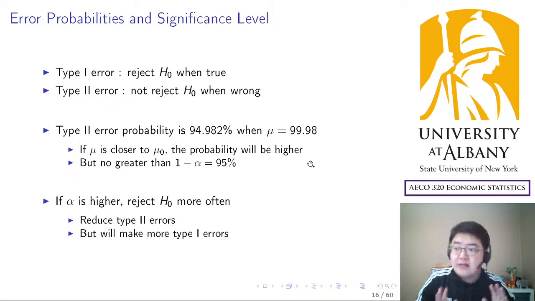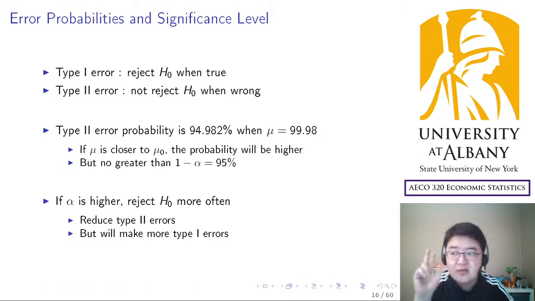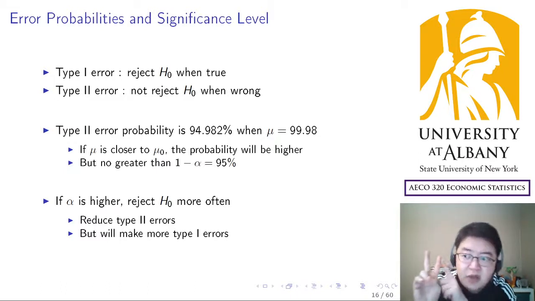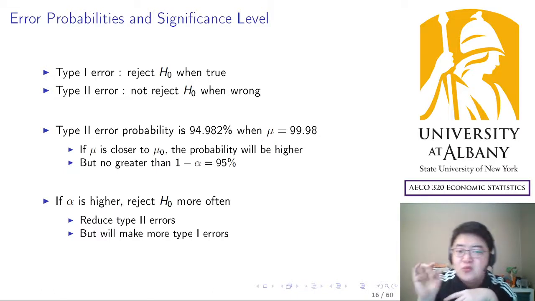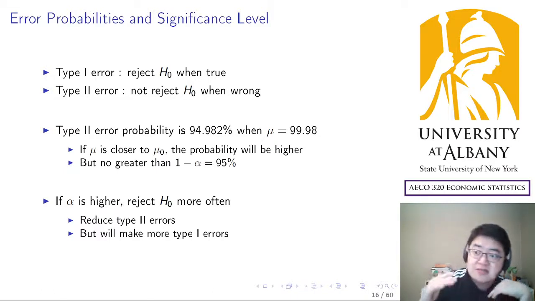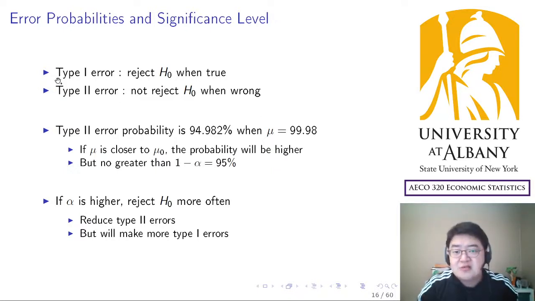Okay, now let's compare type 1 and type 2 error probabilities at the same time. Remember the key idea: type 1 error happens when you reject, and type 2 error happens when you don't reject, right? So in some sense, they are trade-offs. When you reject more, you are going to increase the probability of type 1 errors.